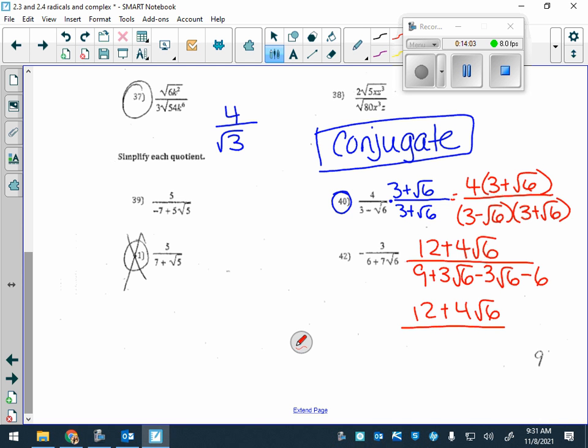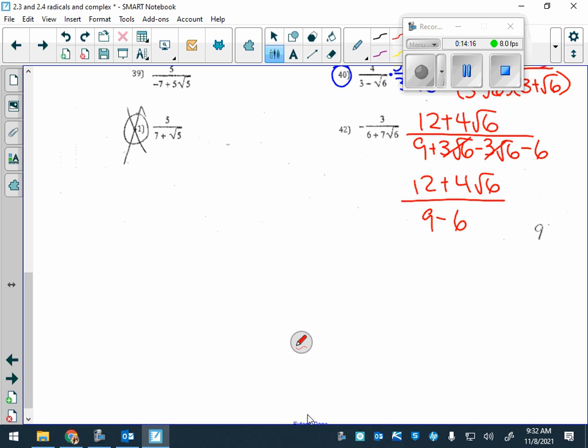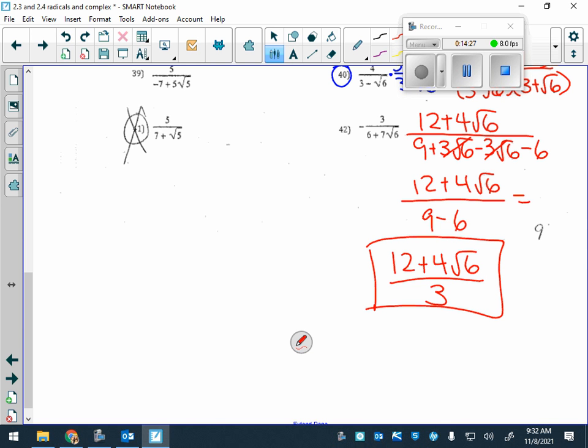What's going to happen to these middle terms? Cancel out. So now you're just left with 9 minus 6, which is what? 3. So, that's your final answer.